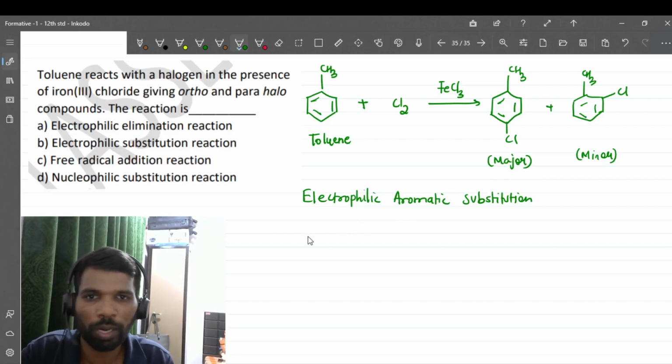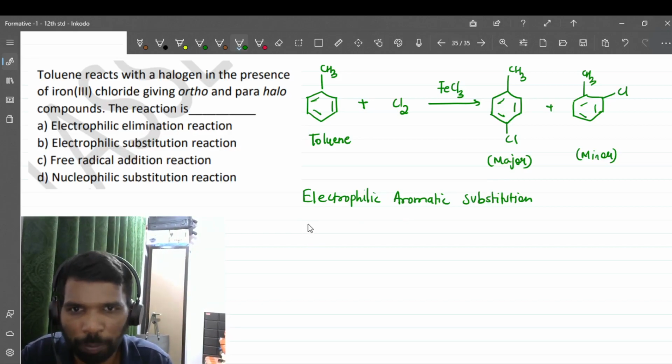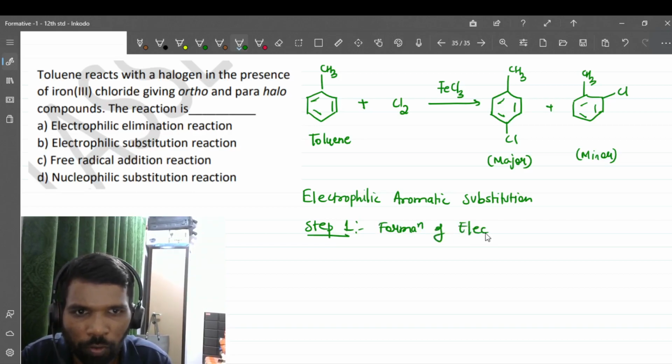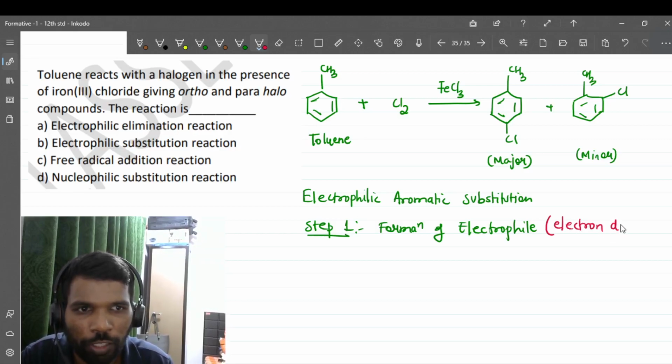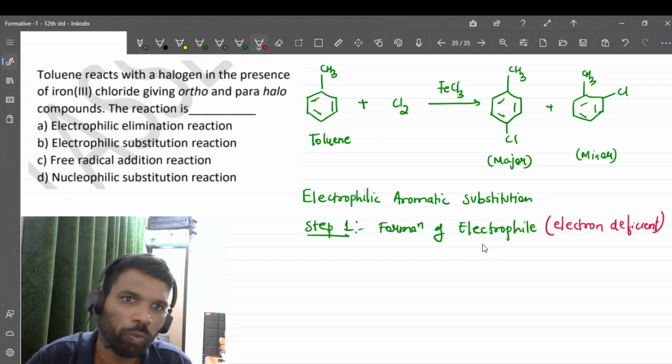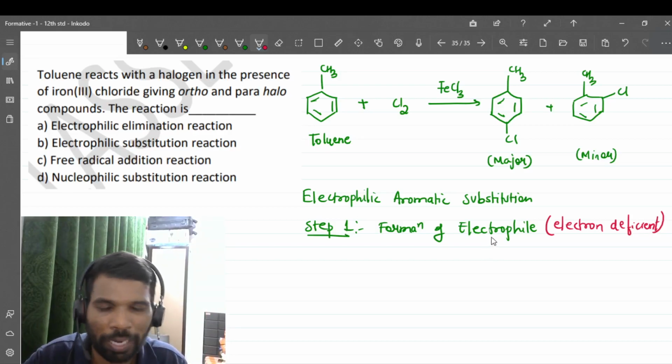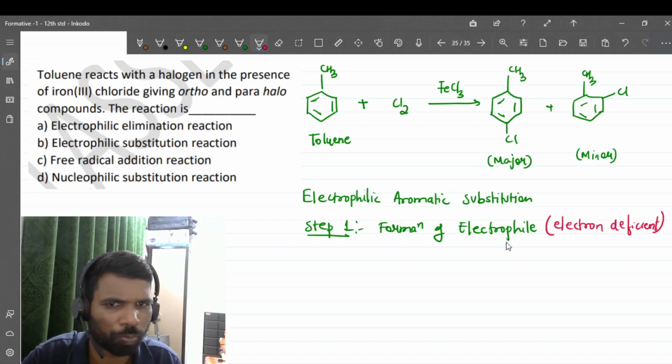So electrophilic aromatic substitution means there are two steps. Step one is the formation of the electrophile. What is the electrophile? Electrophile is electron deficient. Just write this. Electron deficient means species whose octet is not complete or which have a positive charge. Mostly positively charged species are electrophiles.